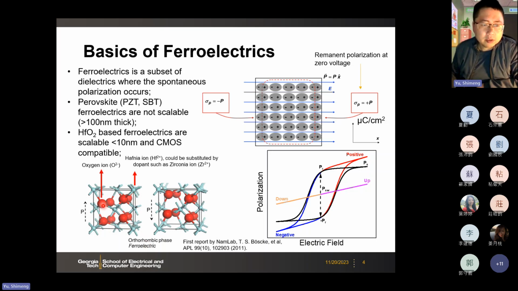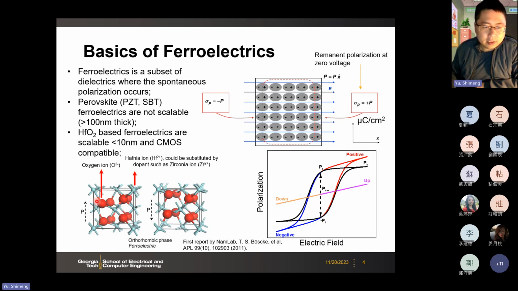Here you see the red ball is the oxygen atom, or let's say the ionized oxygen ion. And this one is mostly hafnium ion. But sometimes we replace this hafnium ion by other dopants, such as zirconium, silicon, or aluminum.